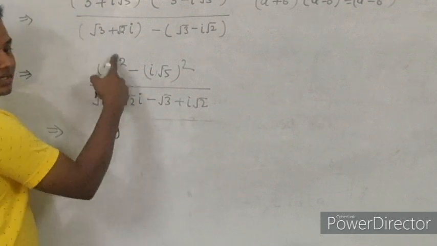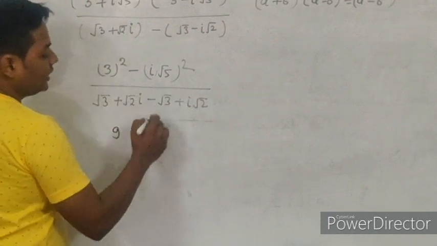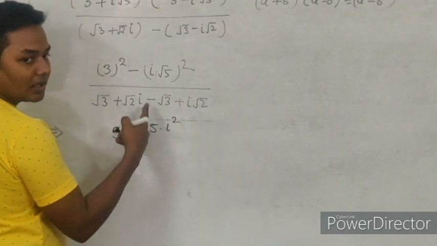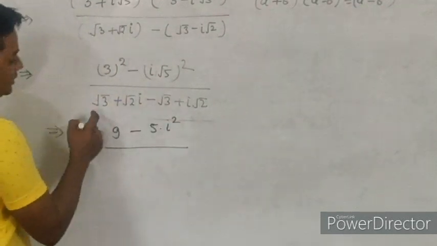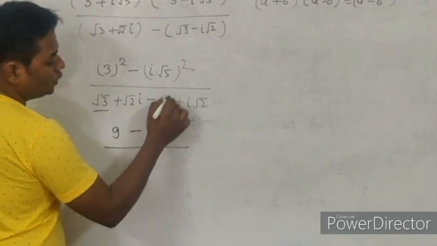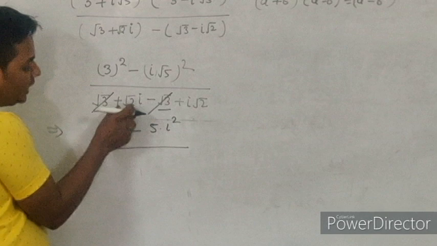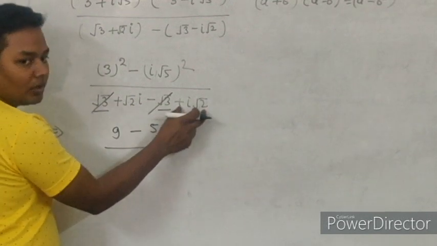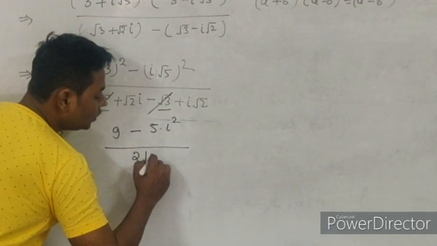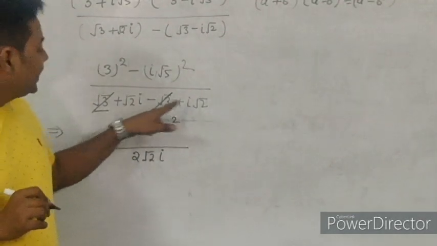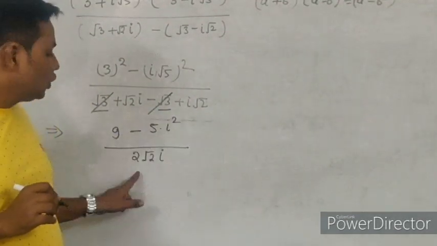It's 9 minus 5 i square upon. √2 and √3 cancel out, plus √3 minus √3 cancel out, and √2 i and √2 i become 2√2 i. Clear? एक √2 i और एक और √2 i, ये हो गया 2√2 i.